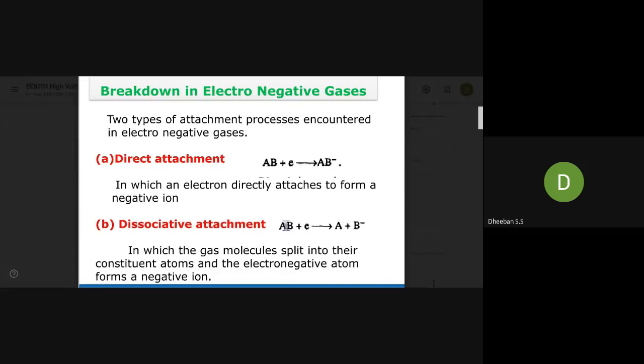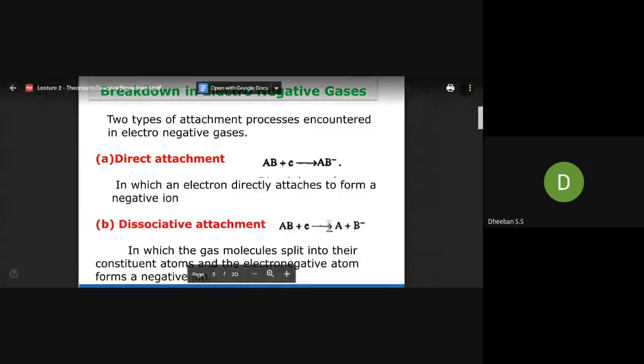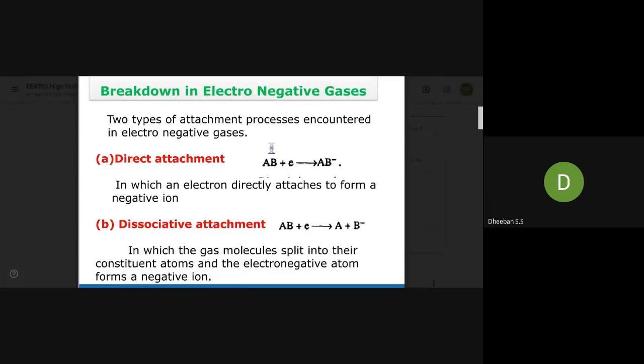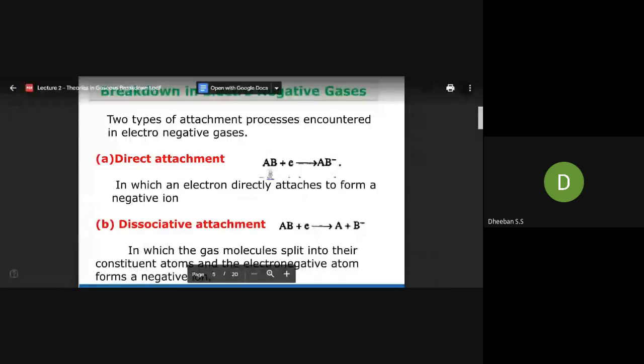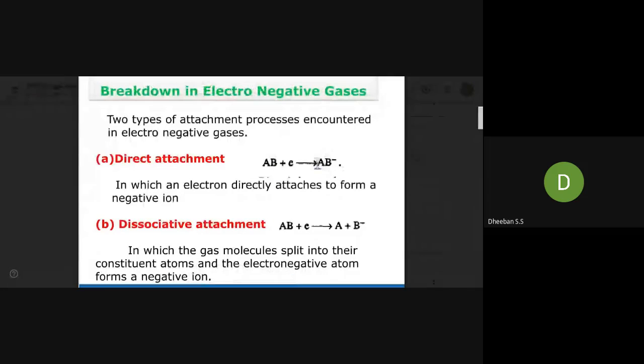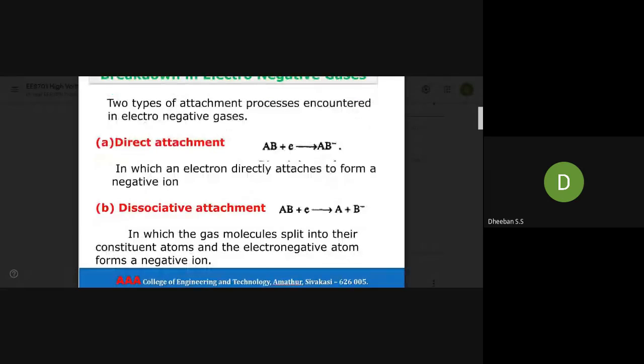The atom is bombarded with an electron, and finally the ions are separated. For direct attachment, the atom won't be separated. It will remain the same, but the electron attaches to one of A or B, and that atom becomes an ion.